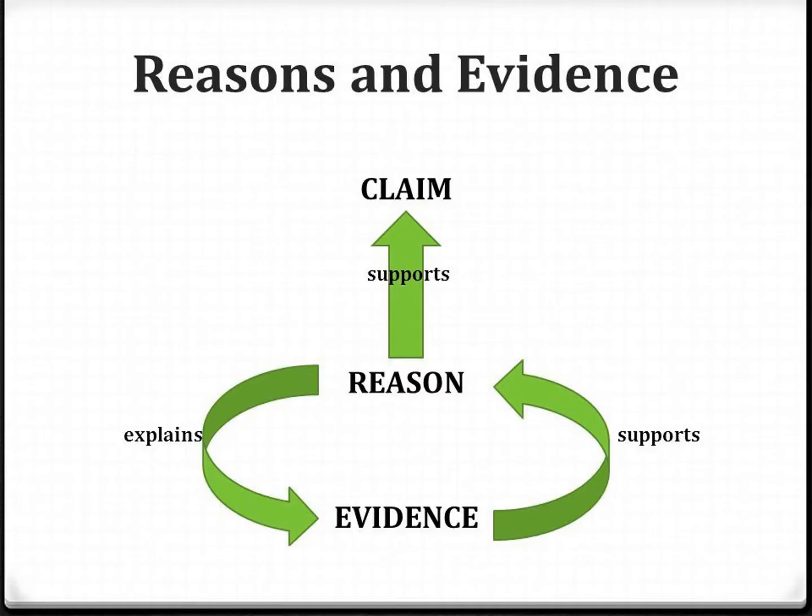So now we're going to focus on this diagram. This diagram is actually presenting how reasons, evidence, and claim are interconnected with each other. So reasons for you to explain and evidences as well as proofs are the things that support your claims strongly.